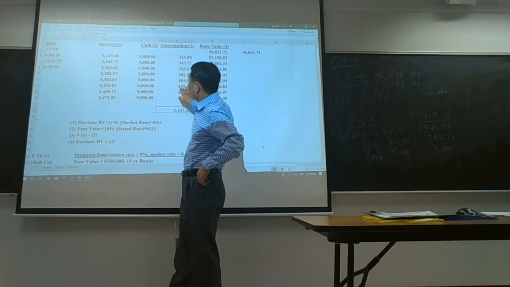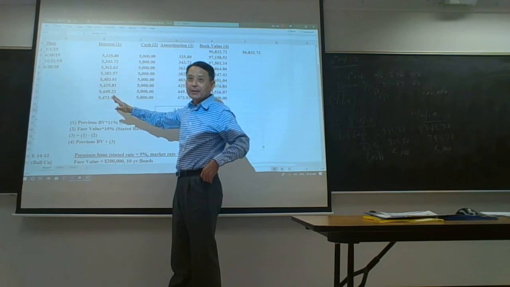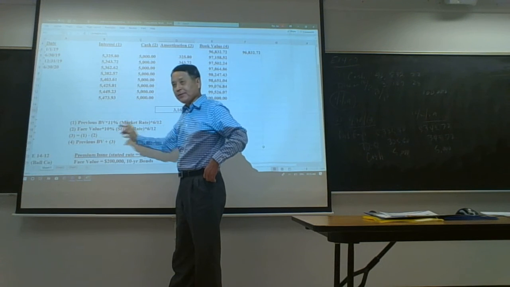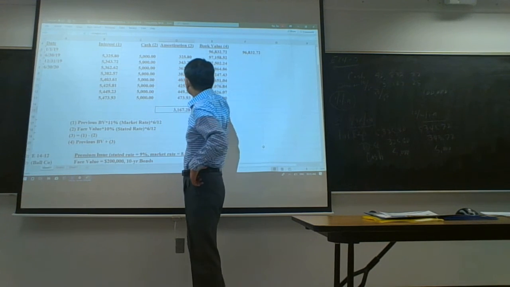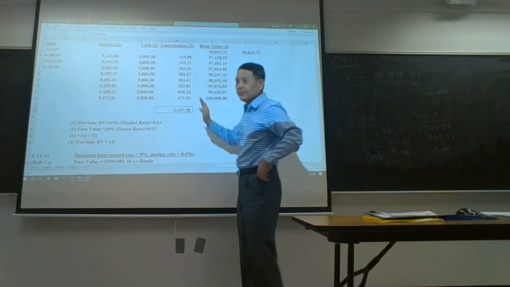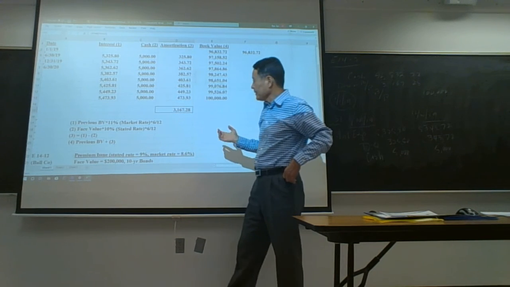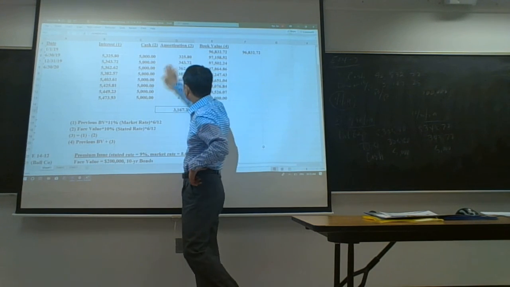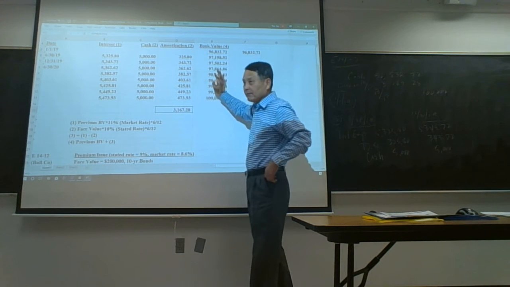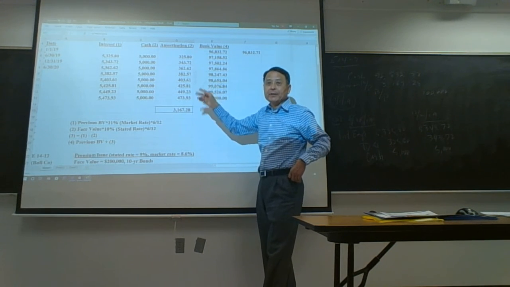Column 3 is just the difference between 1 and 2, 1 minus 2. Then add this up to compute the ending book value. Previous book value plus column 3 is column 4. Copy and paste.